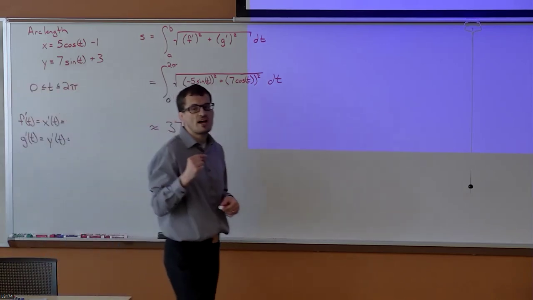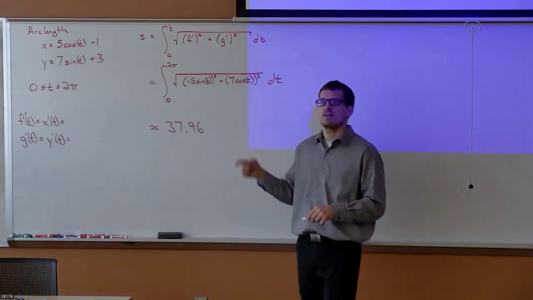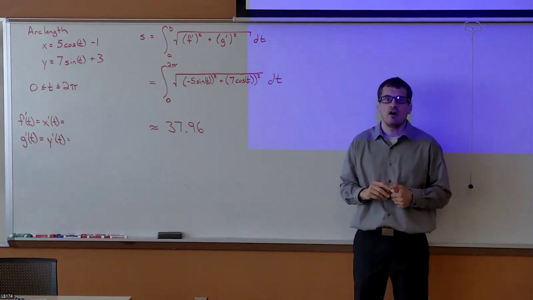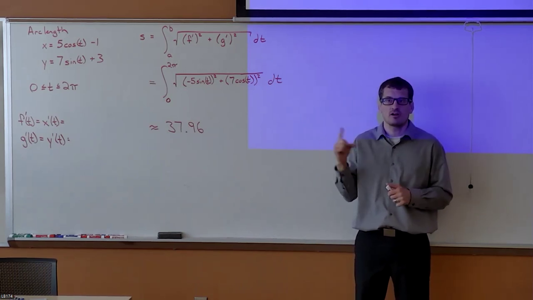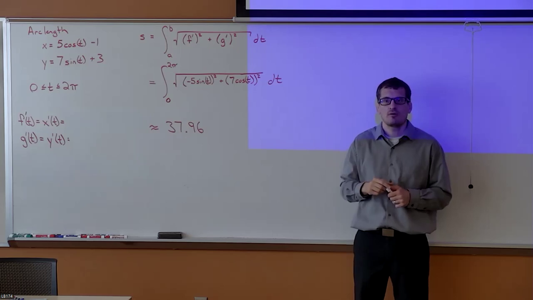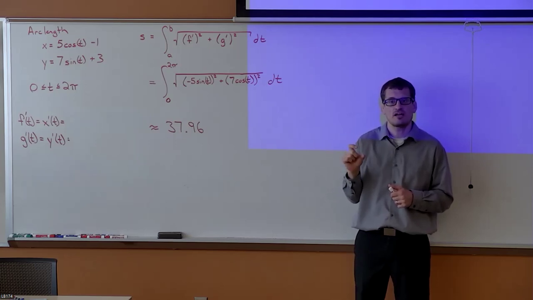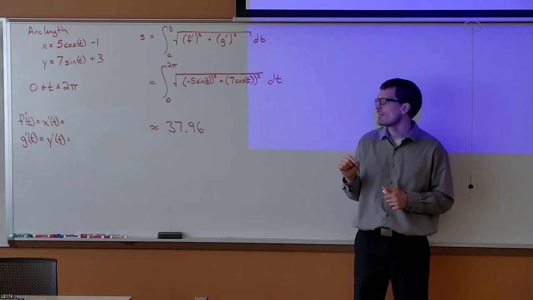So you can find the distance around the ellipse. And it turns out that all planetary orbits are ellipses around the sun. Now, the sun is not the center of the orbit, but it's actually one of the foci, right? So it's one focus of the ellipse.